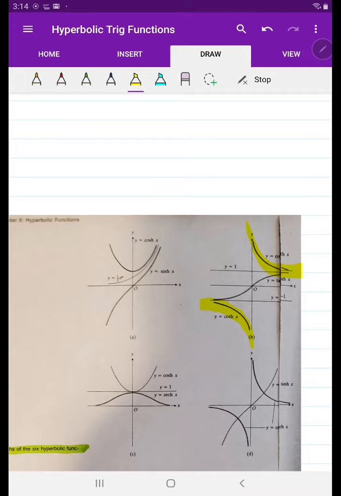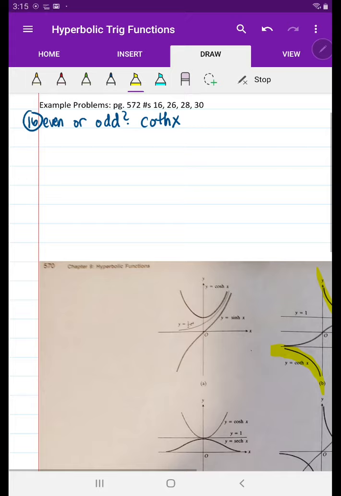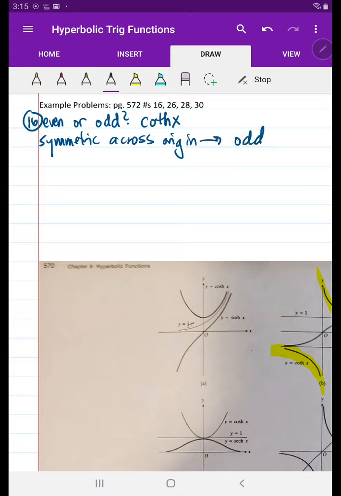Just from looking at the graph, we can see that coth x is symmetric across the origin. And if it's symmetric across the origin, then it has to be odd, okay? And so your answer to number 16 is just odd.